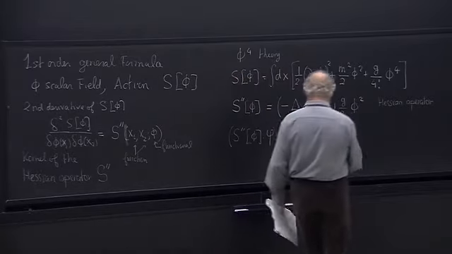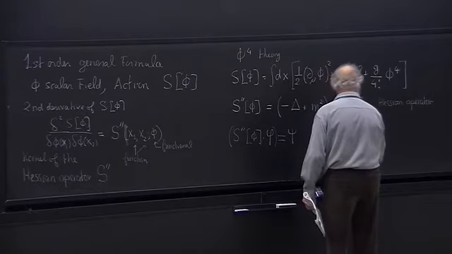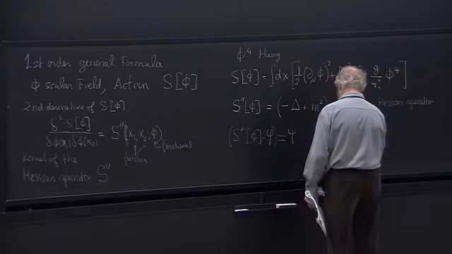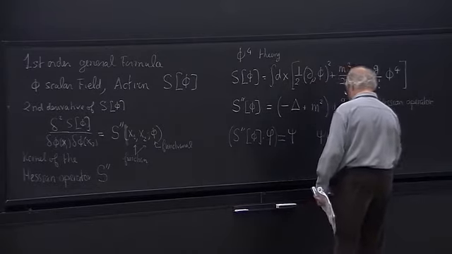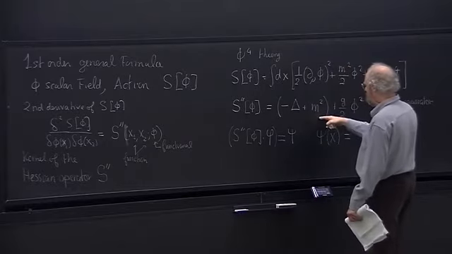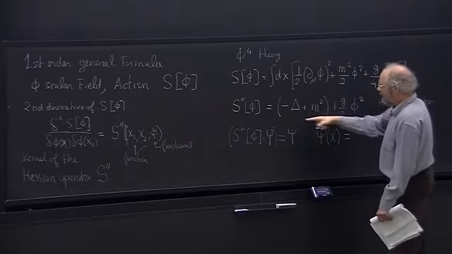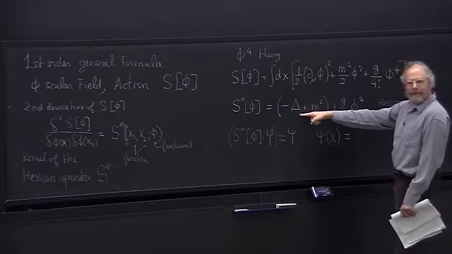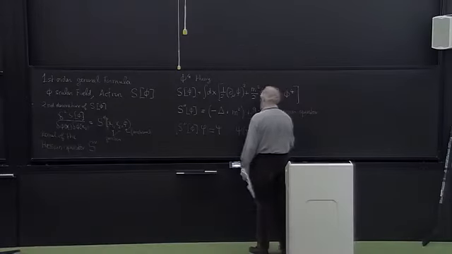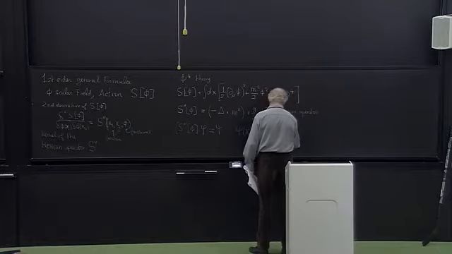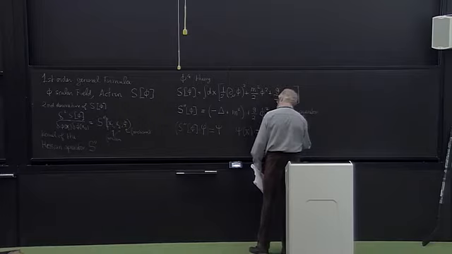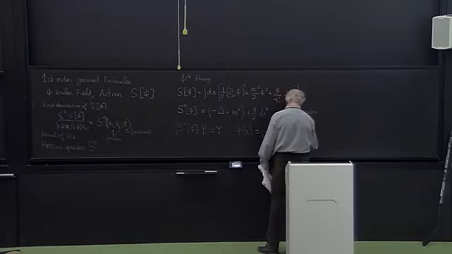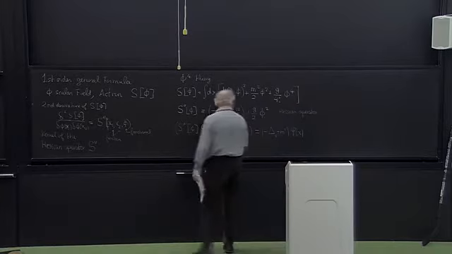This function psi at a point x is just the result of applying this differential operator to the function. So it's minus the Laplace operator with respect to the variable x plus m squared, times phi of x, the original function.